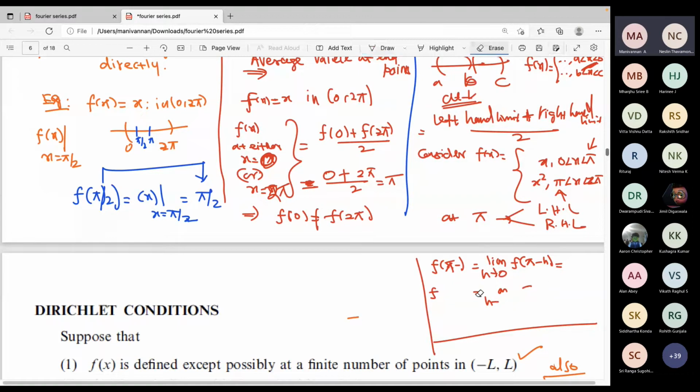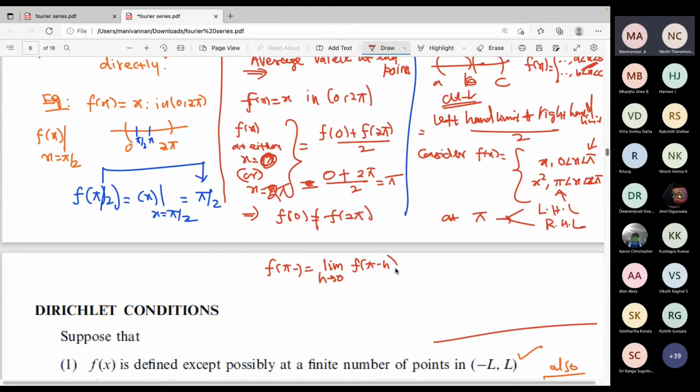Substituting alone is not sufficient, so I will write limit h tends to 0 of f of pi minus h. Since my function itself is x, I have pi minus h, so when h tends to 0 it is pi.